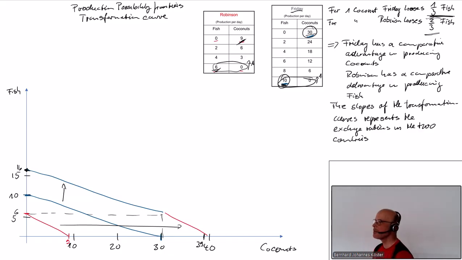Well, and now, since we know Friday has an incentive to exchange one fish with 3 coconuts, and Robinson has an incentive to exchange 2 fishes with 3 coconuts, we can again, as compared to the other example, ask: is there an exchange ratio of the two goods where they have both then an incentive to specialize due to their comparative advantage and afterwards to trade?